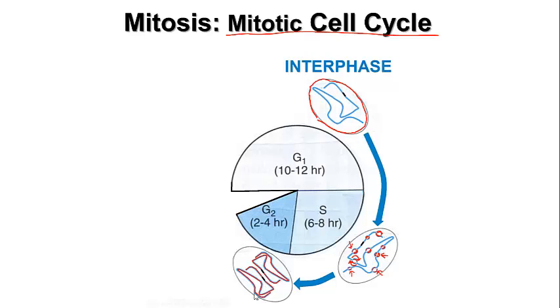So now we have two identical copies of this original chromosome that we started off with. Another thing I just want to reach really quick: this cell does not have a nucleus, just for the sake of simplicity. Another thing this cell does not have is all 46 chromosomes.